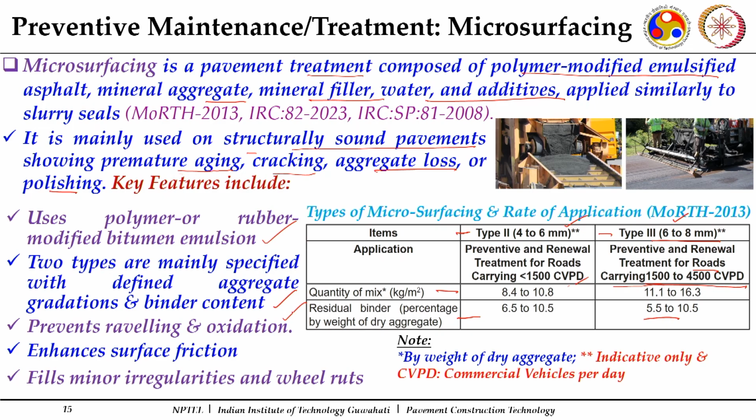It prevents raveling and oxidation and enhances surface friction, which are additional advantages. It fills minor irregularities and wheel ruts, and depending on the requirement, there may be two applications of microsurfacing.